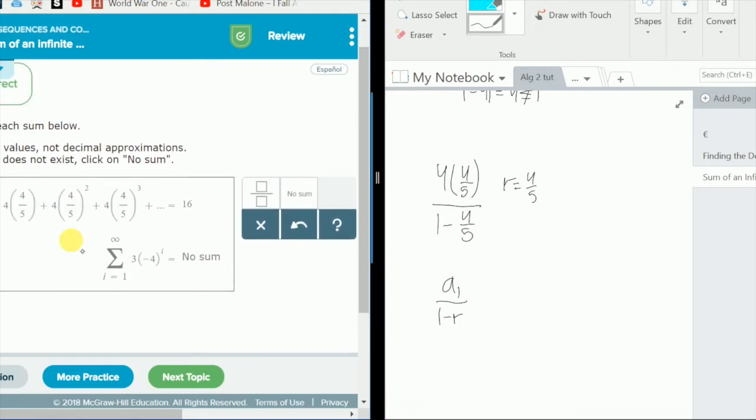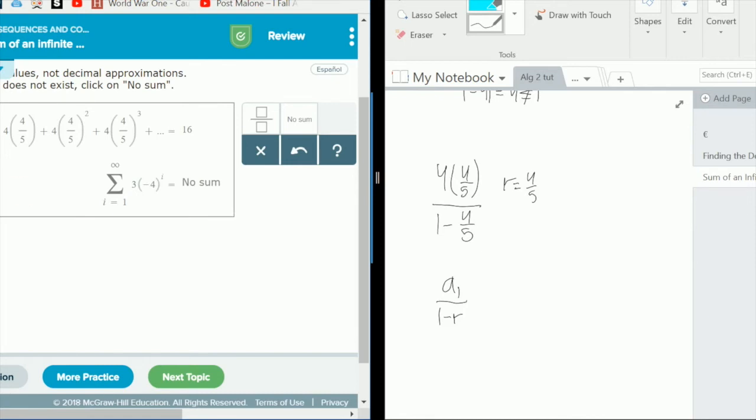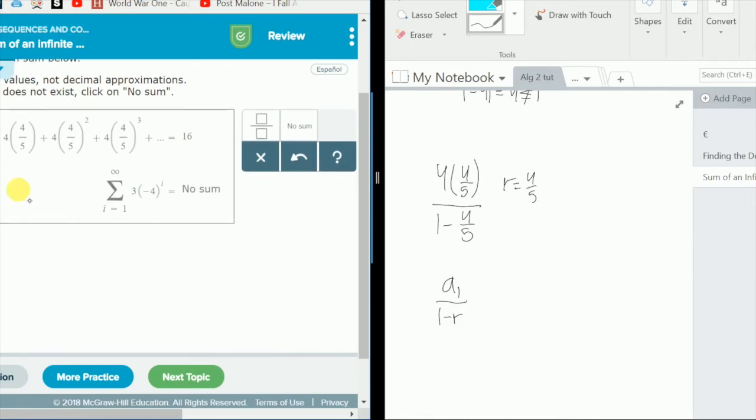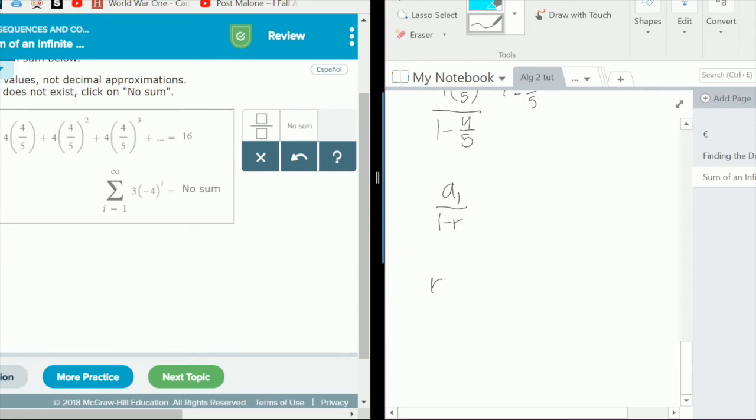A1 is the first term, so if it looks like this, you just plug in 1 for the index, which is normally denoted by i or n or k or any letter. And the only case where a sequence will have no sum is if the absolute value of r is not less than or equal to 1.